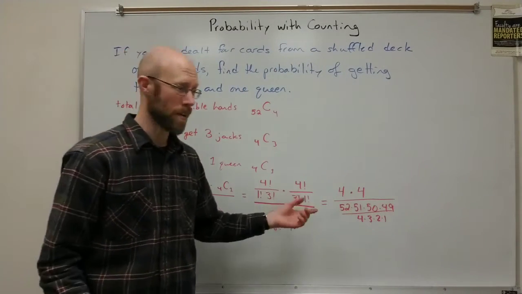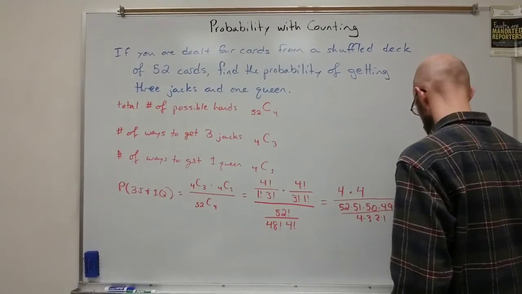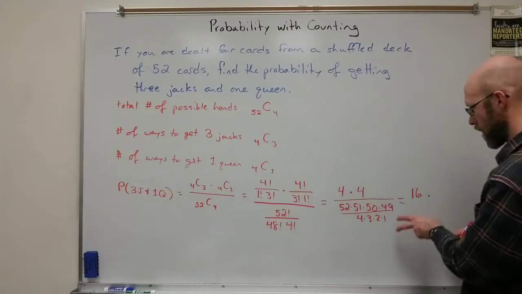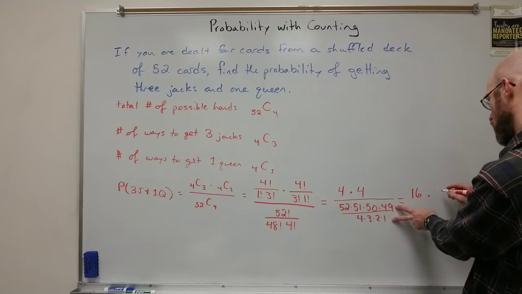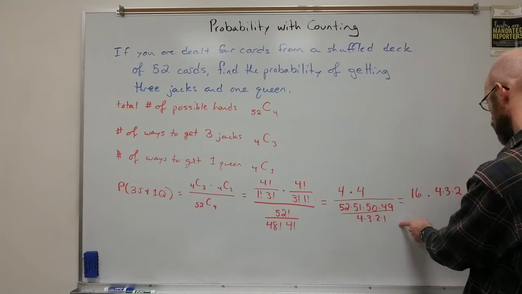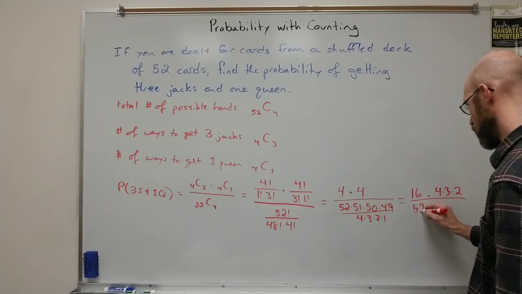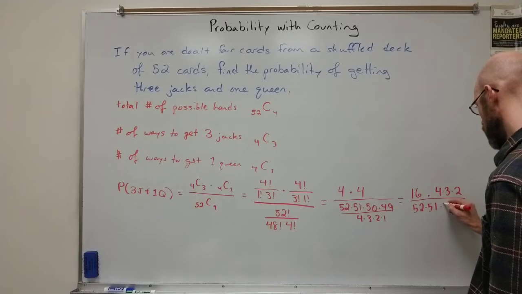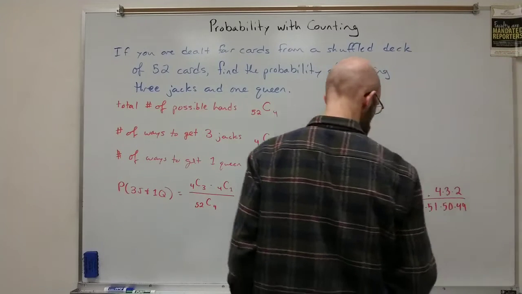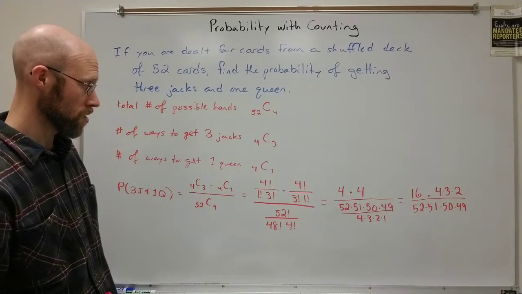If I do a copy dot flip, that numerator is 16. I'm just kind of running through this. That's 16 on top, and I'm going to multiply that by the reciprocal of this. So that's 4 times 3 times 2. The 1 doesn't really matter, so I'm not going to write it. And then on the bottom, it's 52 times 51 times 50 times 49. If I do a little bit of canceling, what can I cancel here? There's not a ton of canceling to do.